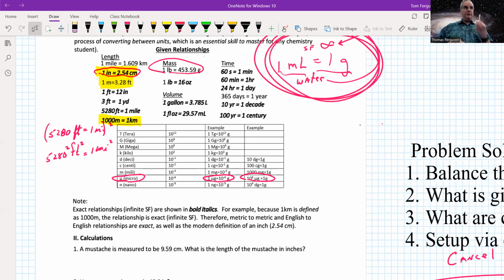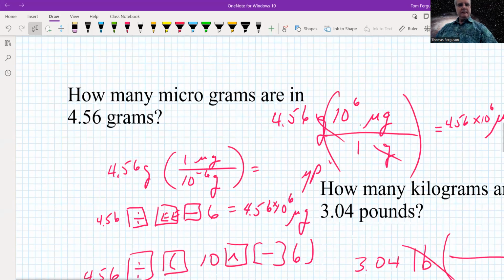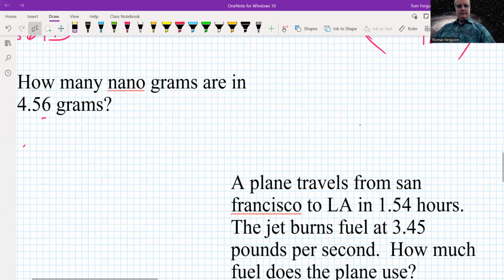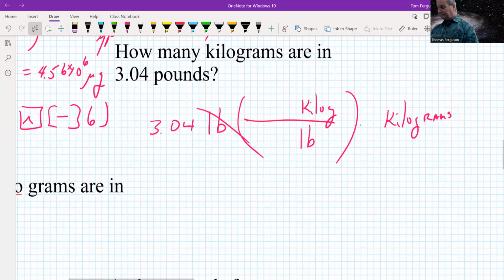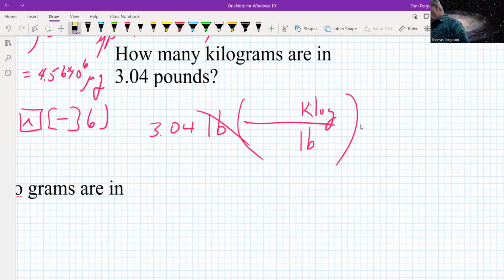No, that's right. So this is not a one-step problem. First thing we're going to do is use pounds and grams, and then we're going to use grams and kilograms. So it's a two-step problem. So first step is going to be to grams. And then from grams, we're going to go to kilograms.